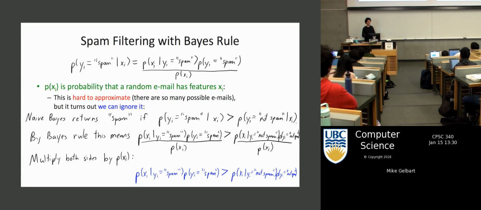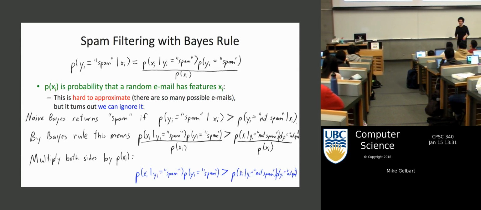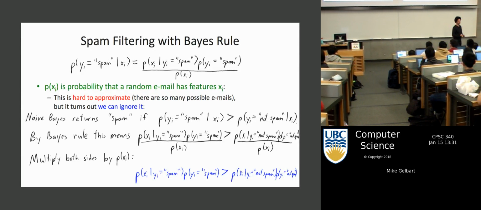What we want to do here is compute this score for spam and not spam. What I'm trying to do on this slide is convince you that this denominator, this p of xi, we don't care about it. We can just ignore it. The key is this middle line right here. We have the two scores for spam and not spam, and we just want to say which one is bigger.